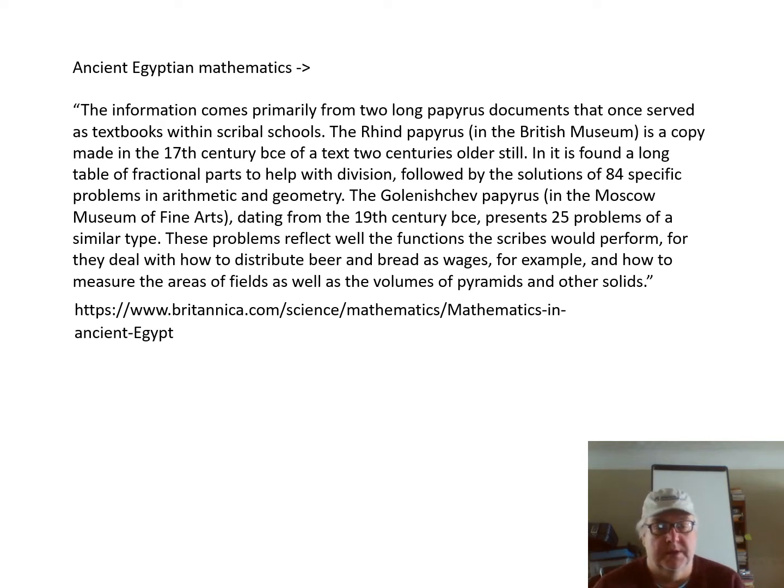So this site tells you about ancient Egyptian mathematics. The information comes primarily from 2 long papyrus documents that once served as textbooks within scribal schools in ancient Egypt. So we've got fragments of information about how the ancient Egyptians dealt with mathematics.